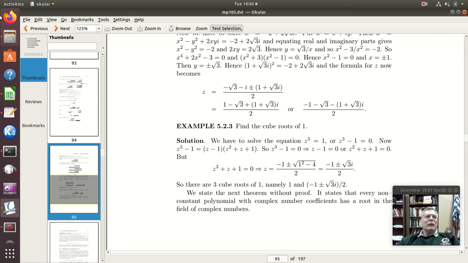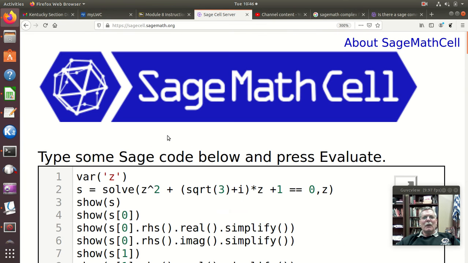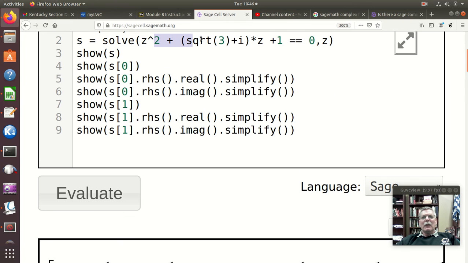Well, let's try just solving z cubed equals 1. So I'm going to go up here and make that z cubed, and then like they have, I'll do minus 1. Now we're going to get 3. We should get 3 answers, right?